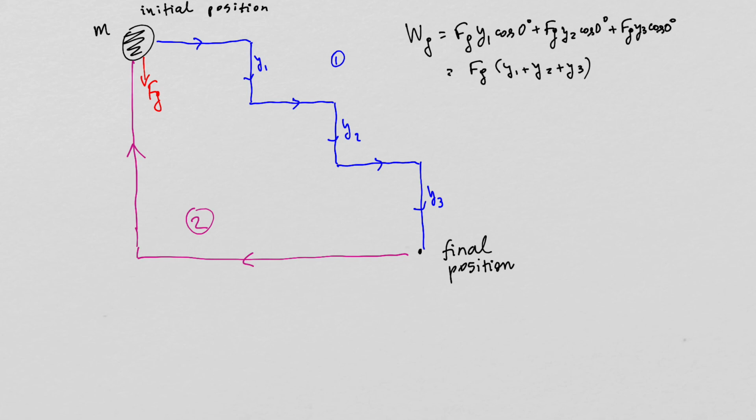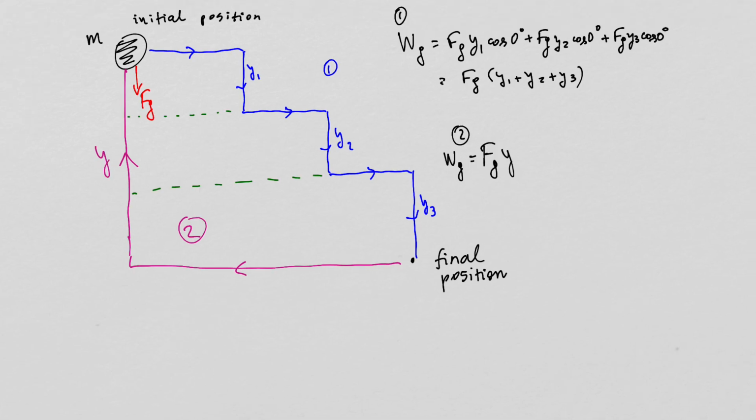So the work done by the gravitational force along path 2 is Fg times y, where y is the vertical displacement along path 2. Okay, but now notice that the vertical displacement along path 2 is equal to the sum of the vertical displacements along path 1, so y1 plus y2 plus y3.